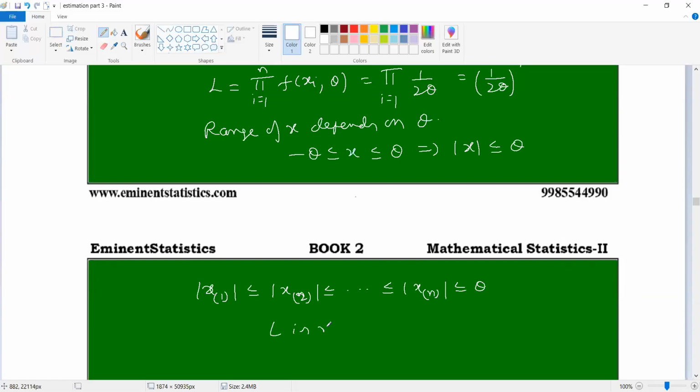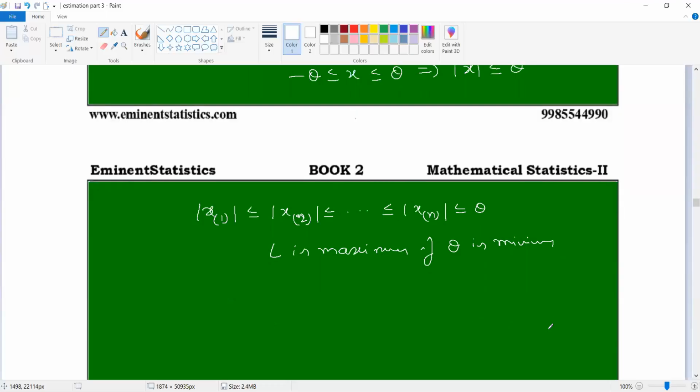L is maximum if theta is minimum. The minimum value of theta is modulus xn order.